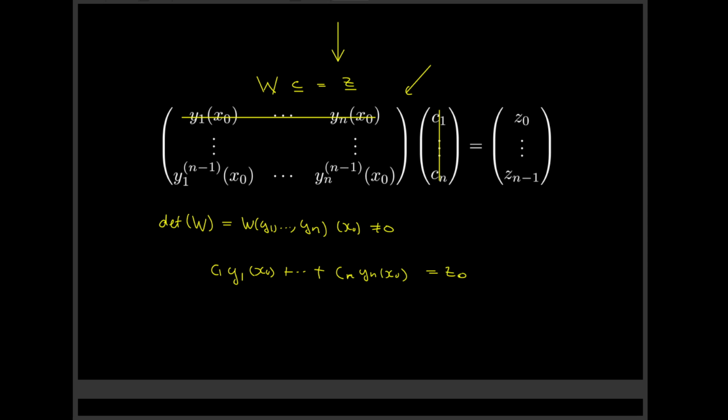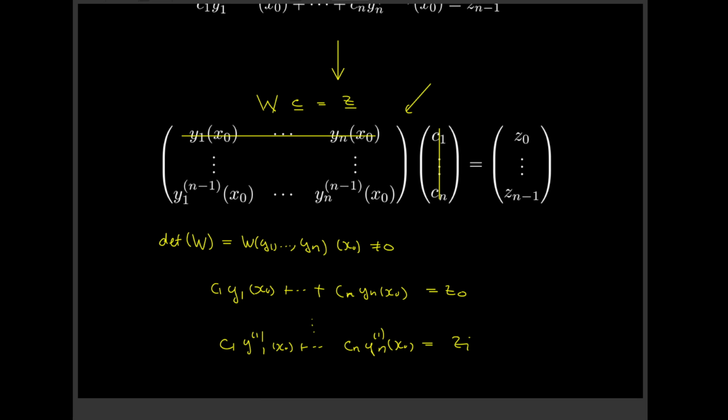So that must be z0. And of course, this happens similarly for every row: the sum of ci times the (i minus 1)th derivative of yi at x0 equals zi.